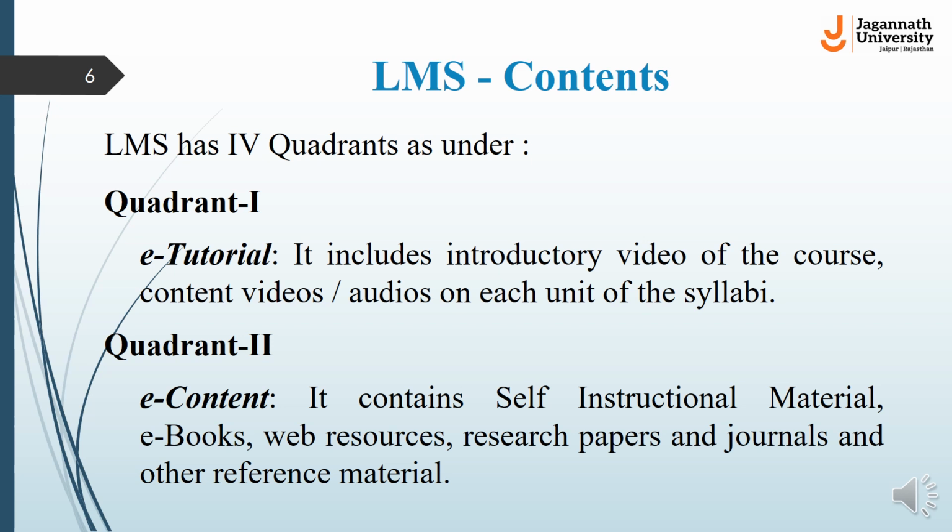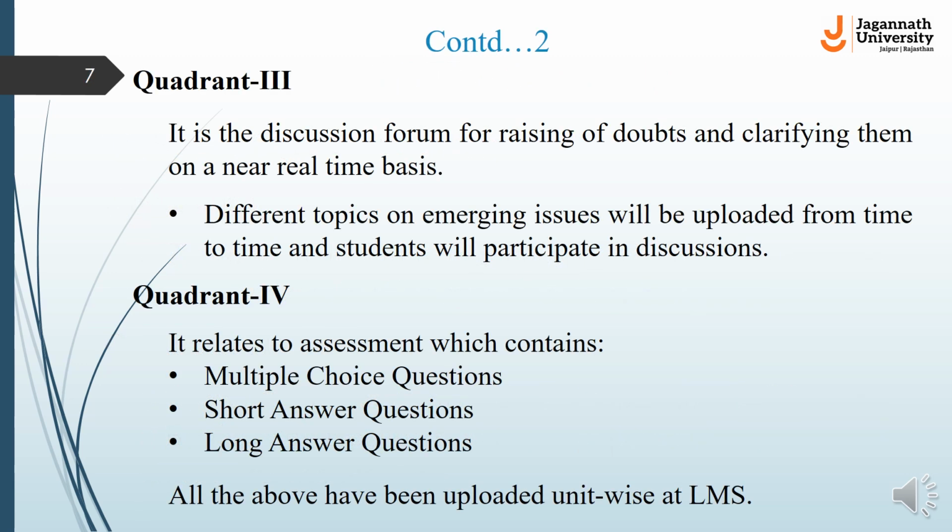In the second quadrant, we'll be discussing e-content. That means it contains self-instructional material like e-books, web resources, research papers and journals, and other reference material. In the third quadrant, it is the discussion forum for students for raising doubts and clarifying them on a near real-time basis. So, have you understood how these 3 parts are divided?